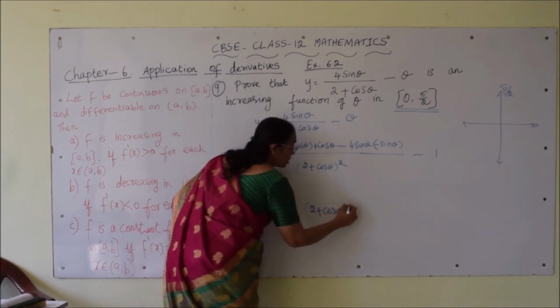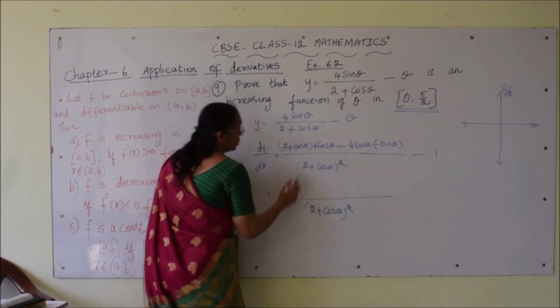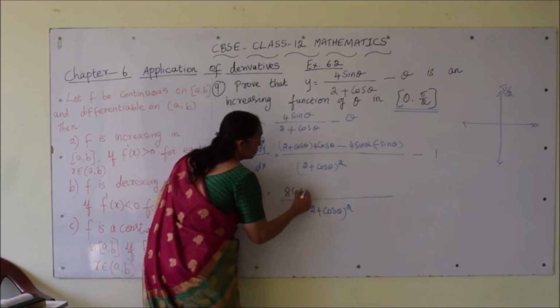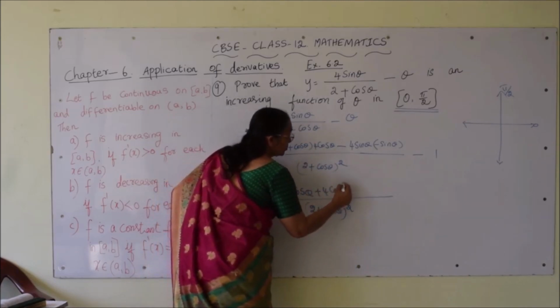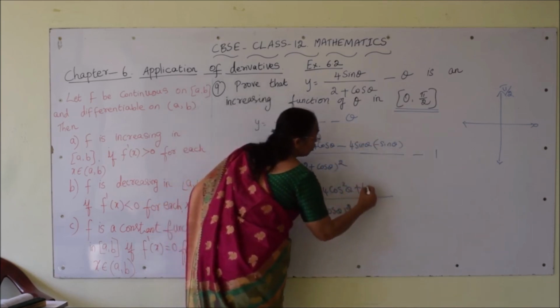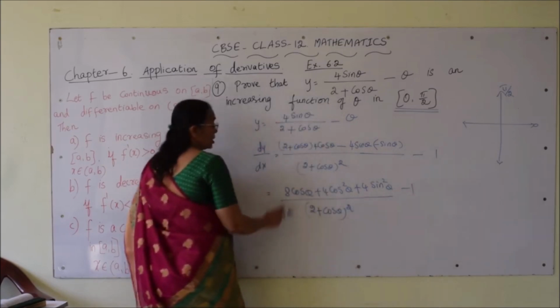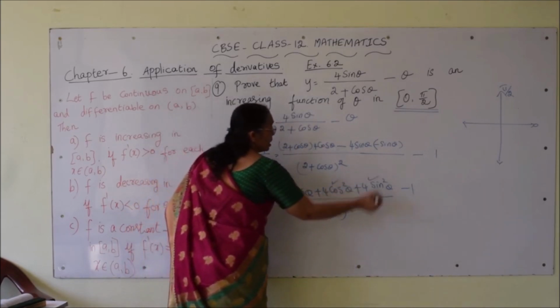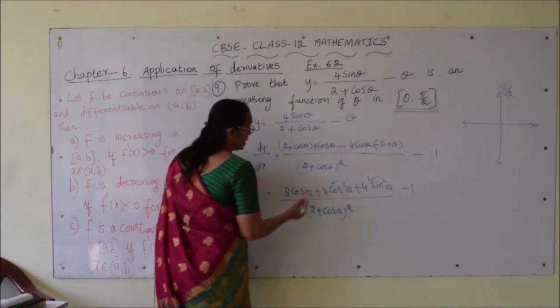Denominator is 2 plus cos theta whole square. So, our numerator here: 2 4s are 8 cos theta plus 4 cos square theta, and here minus into minus plus 4 sin square theta, minus 1. So, now here 4 cos square theta plus 4 sin square theta, taking 4 common outside, cos square plus sin square is 1.